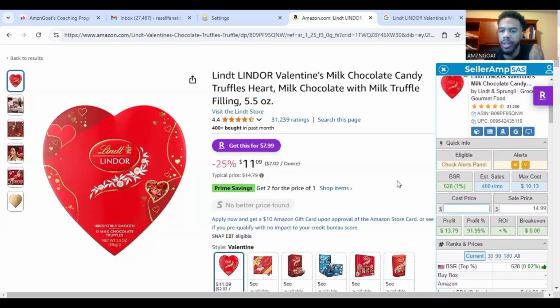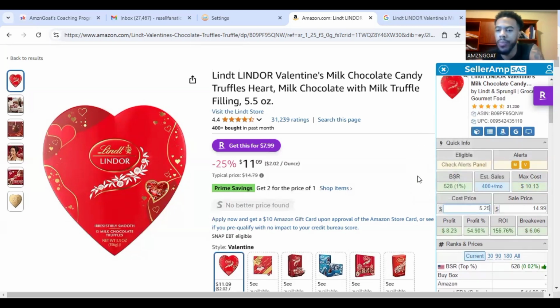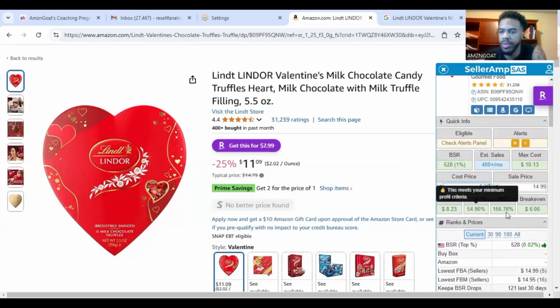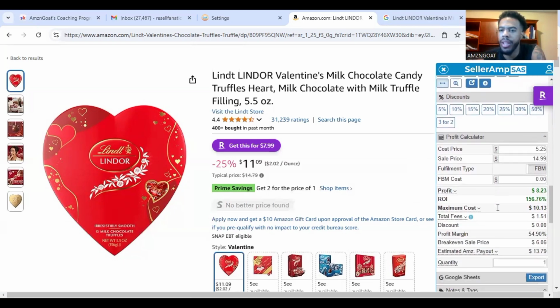It'll say zero right here at first, and then they'll plug in their buy cost, which again, let's say is 525, and they'll see these numbers, right? And these numbers look fantastic, but these aren't the accurate numbers. So I always recommend that they put their profit calculator right under the quick info, so that they don't have to scroll down to put in this FBM cost, which is super important.